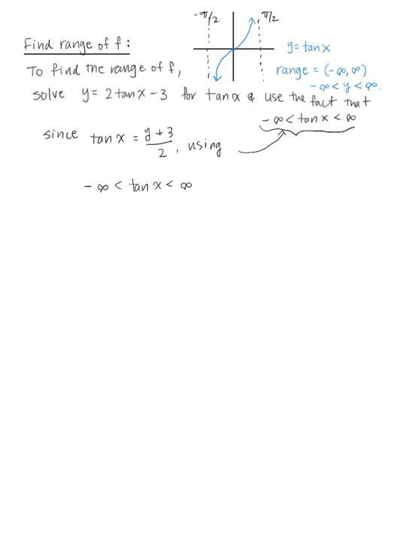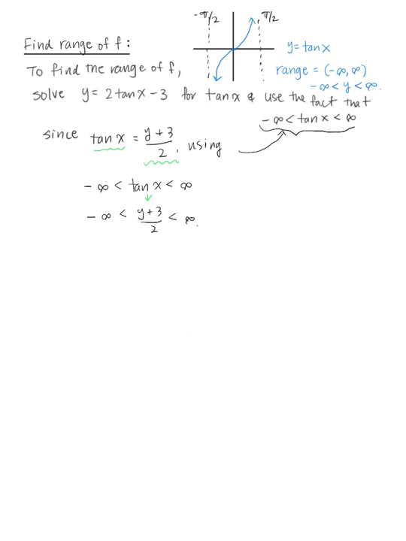But notice that tan of x is y plus 3 over 2, so we're going to replace that. Okay, now our job is to solve for y from here, because y is going to be the range.